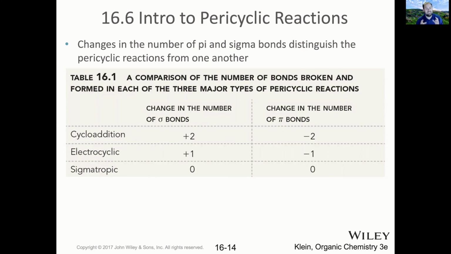And in the case of sigmatropic, we see neither a gain nor loss of either sigma or pi bonds. So by the end of that pericyclic movement of electrons, you reform the same number of sigma and pi bonds when it's a sigmatropic rearrangement. And so that is the generalization of these 3 types of pericyclic reactions.